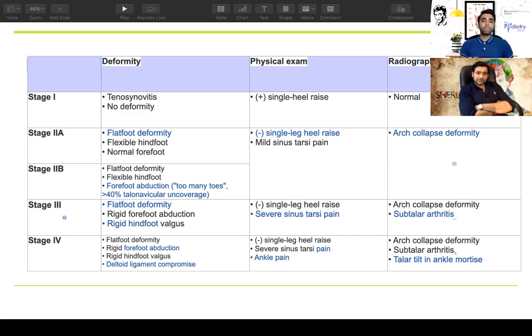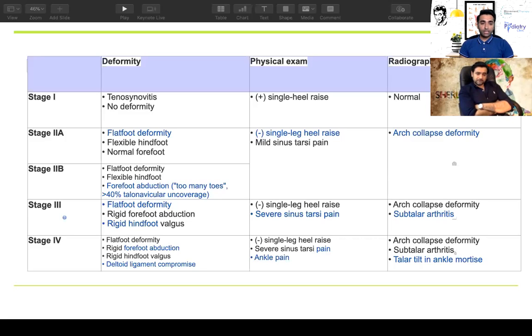So you can start to see a bit of that too many toes sign starting to appear in the latter stage 2. 40% of talonavicular uncoverage, so you start to see a bit of bulging of the talonavicular joints as well.